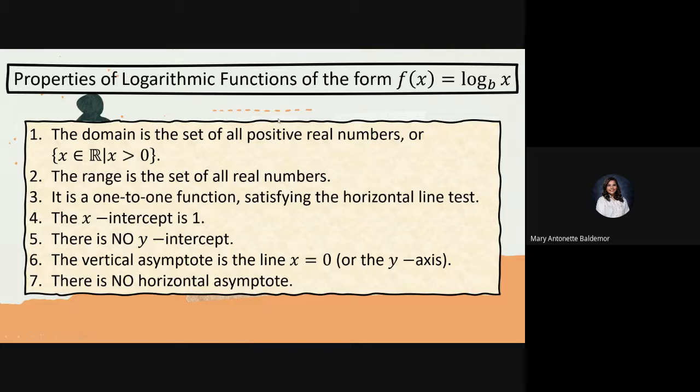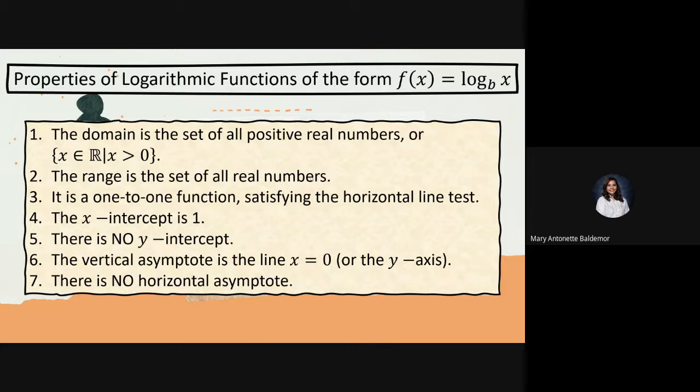If the logarithmic function is in this form, the domain is always the set of all positive real numbers. Property number two says that the range is the set of all real numbers.